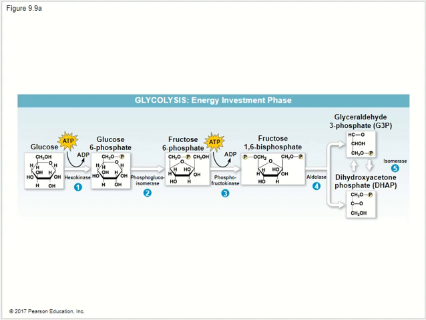And then phosphofructokinase phosphorylates fructose 6-phosphate. And then we're left with aldolase, which creates glyceraldehyde 3-phosphate and dihydroxyacetone phosphate, which are able to isomerize between each other through isomerase.